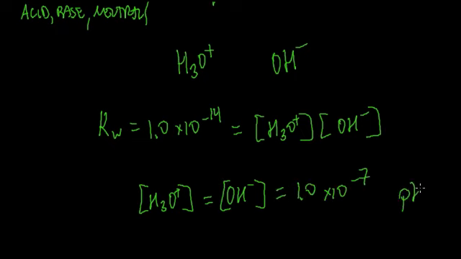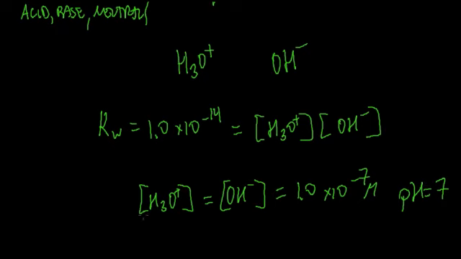And this would give you a pH of 7. And that's why a pH of 7 is neutral, because the acid and the base portion are in equal concentrations. So you don't have an acidic or a basic solution. They cancel each other out concentration wise, and you have that pH of 7.